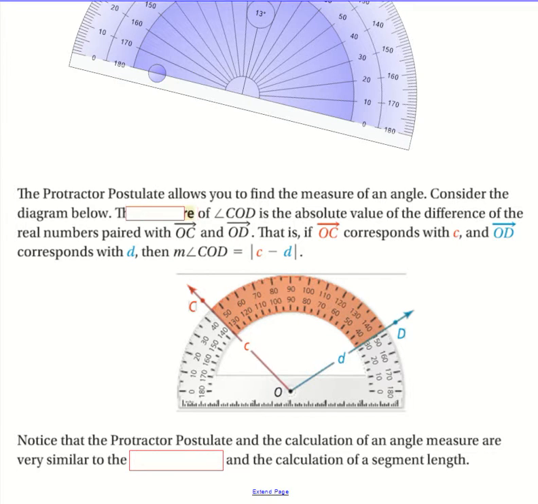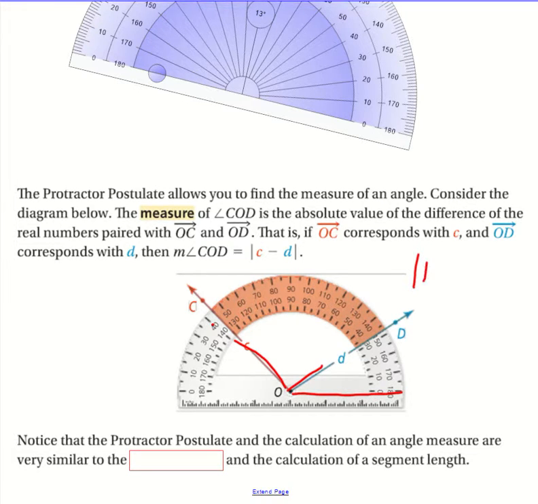So if we consider the measure of angle COD below, it works the same way as when we were finding the difference with our ruler postulate. This angle is not lined up with this nice line here that we had before. Instead, we have a ray C and we have a ray D. And so if we measure how many degrees ray C is at, that looks like it's about 135 degrees.